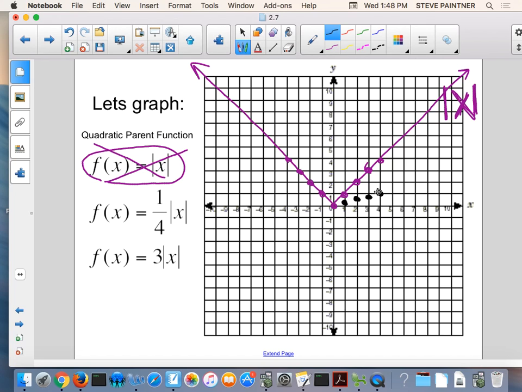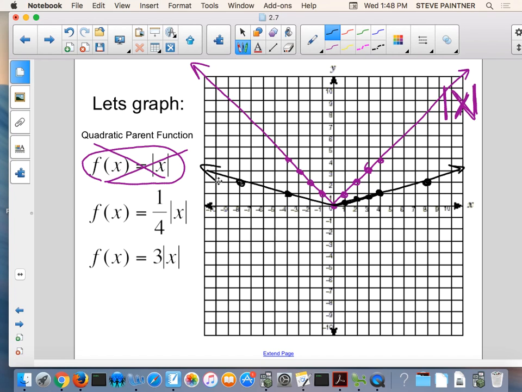So at 8 you get 2. I probably would have done 4, 1, 8, 2. I probably wouldn't have done all these little ones, although you can if you want. On the other side, I would have reflected 4, 1 to be negative 4, 1. I would have reflected 8, 2 to be negative 8, 2.